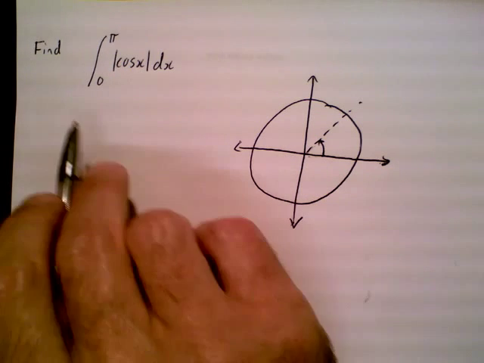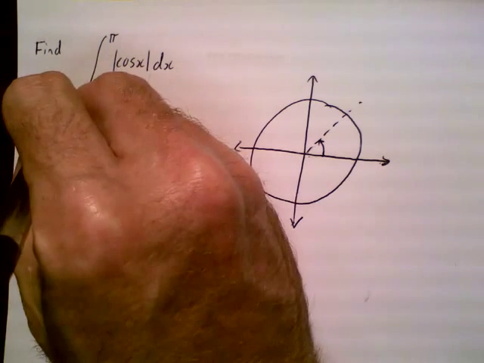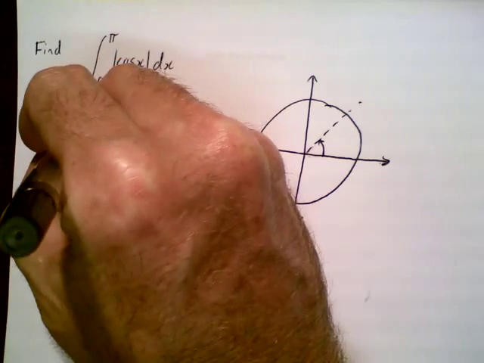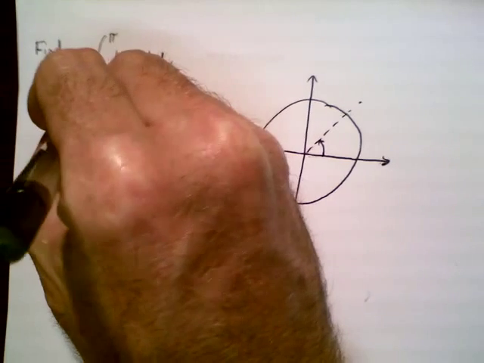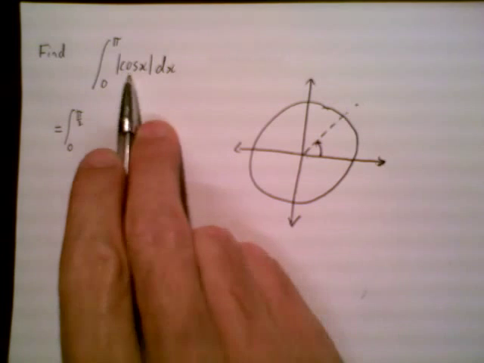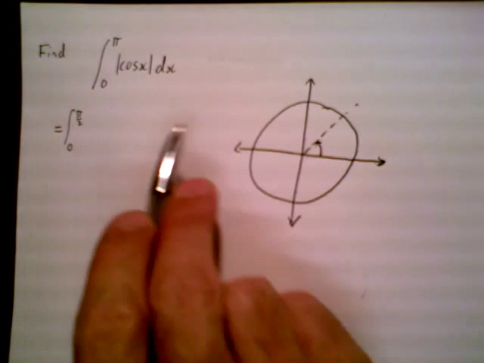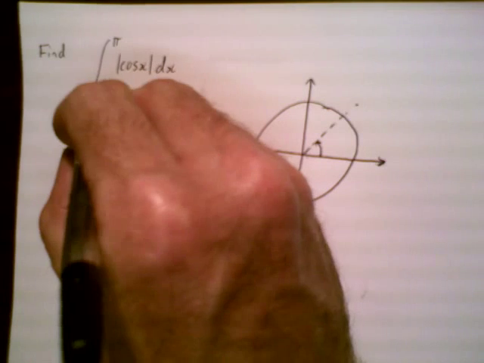So what we can do with this integral is break it up into two separate integrals. First, integrate between 0 and pi on 2, where we know the value of cosx will be positive, so the absolute value of cosx will just be equal to cosx.